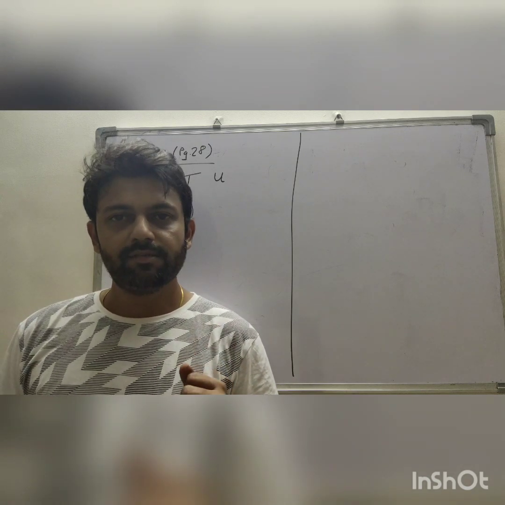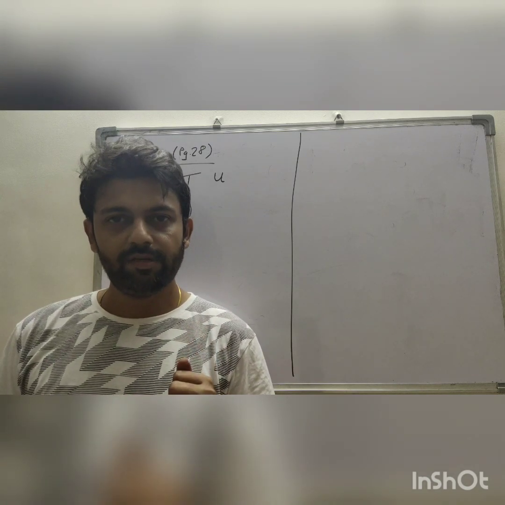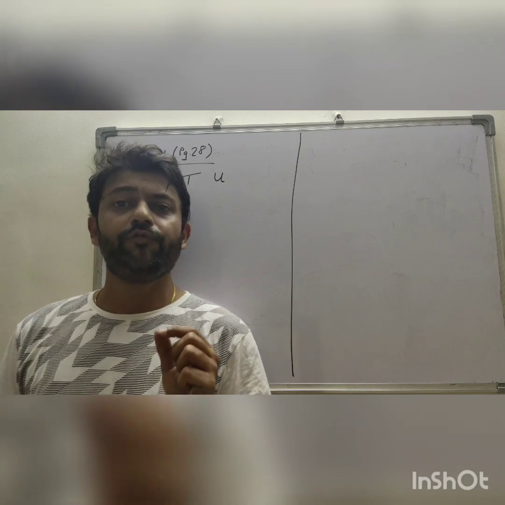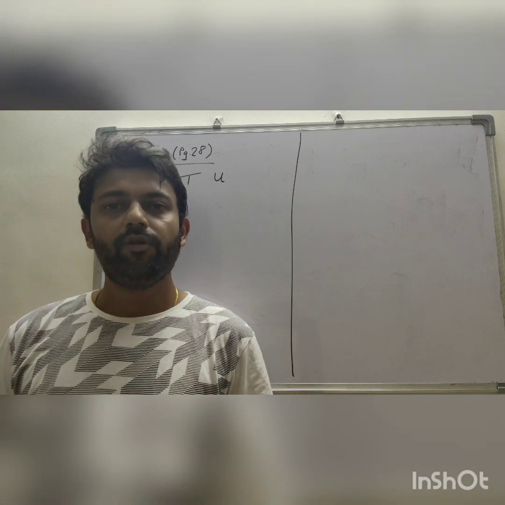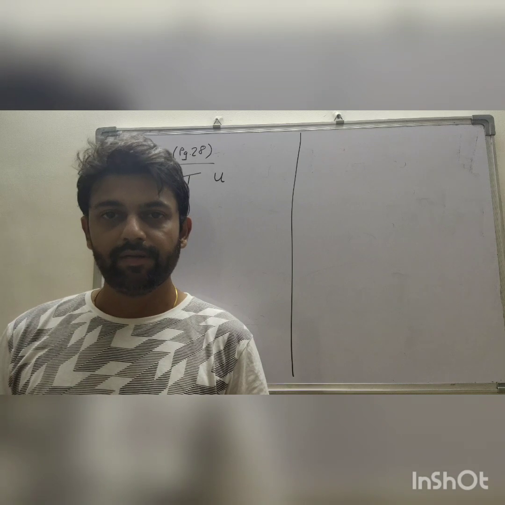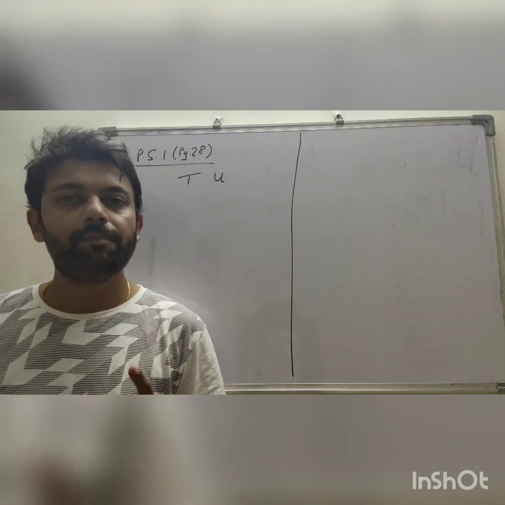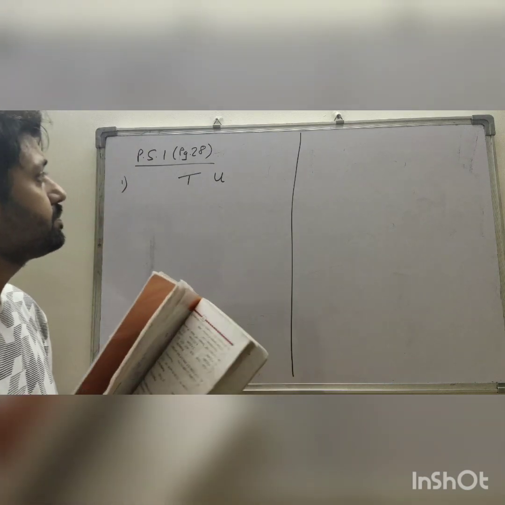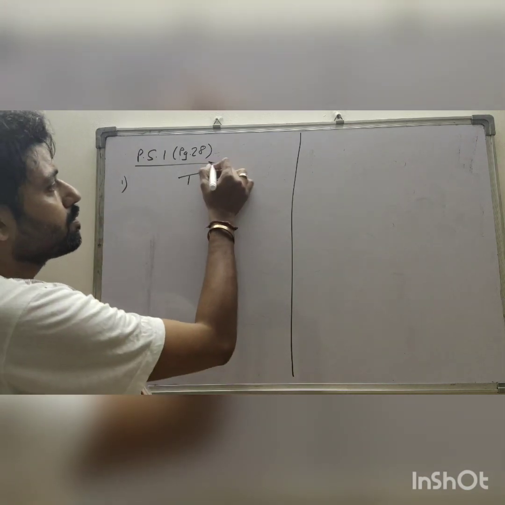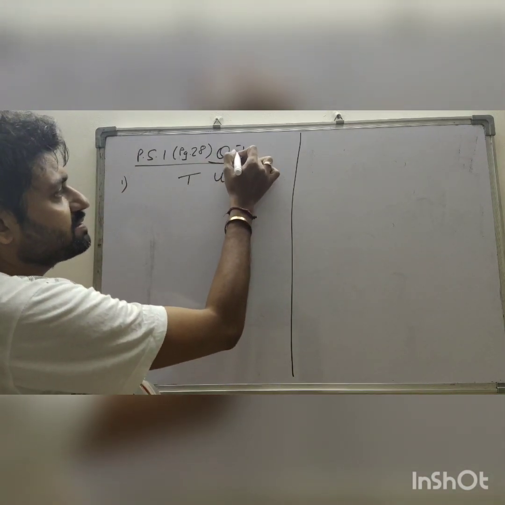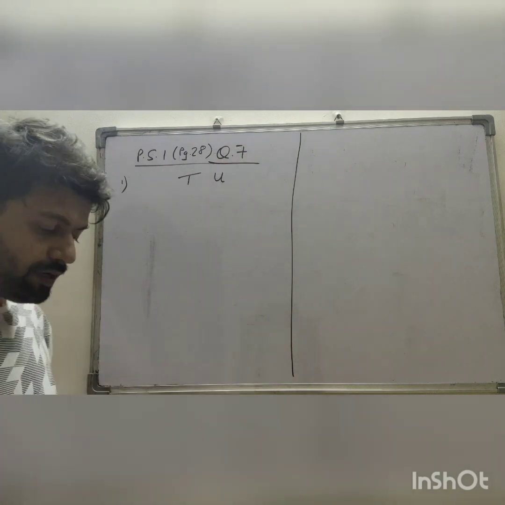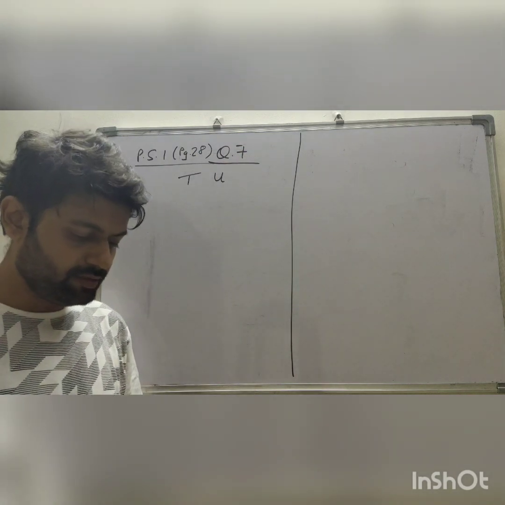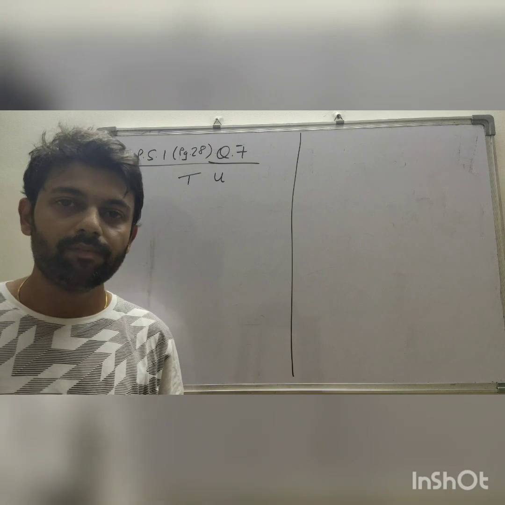In this lecture, we are going to solve word problems from problem set 1. Those word problems are present in question number 7. In question number 7, there are 6 word problems.